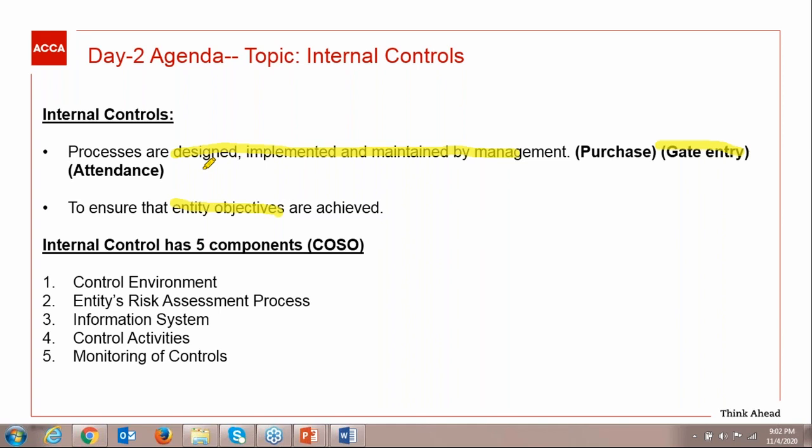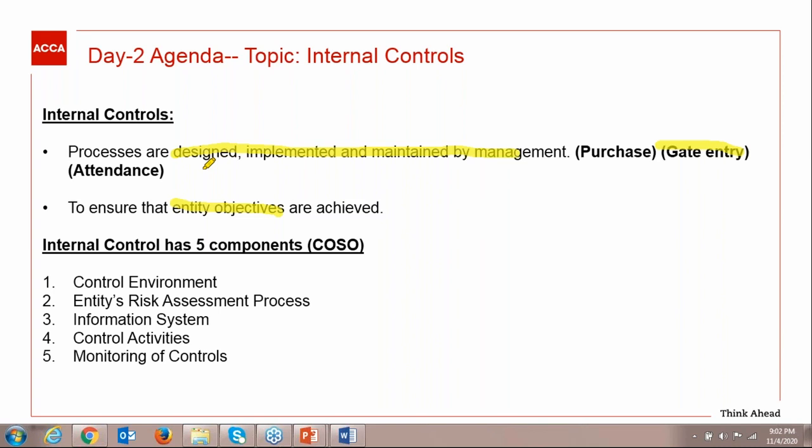In internal controls, we discuss only the organization's internal systems and processes, which the management has designed, implemented, and maintained to prevent and detect fraud.